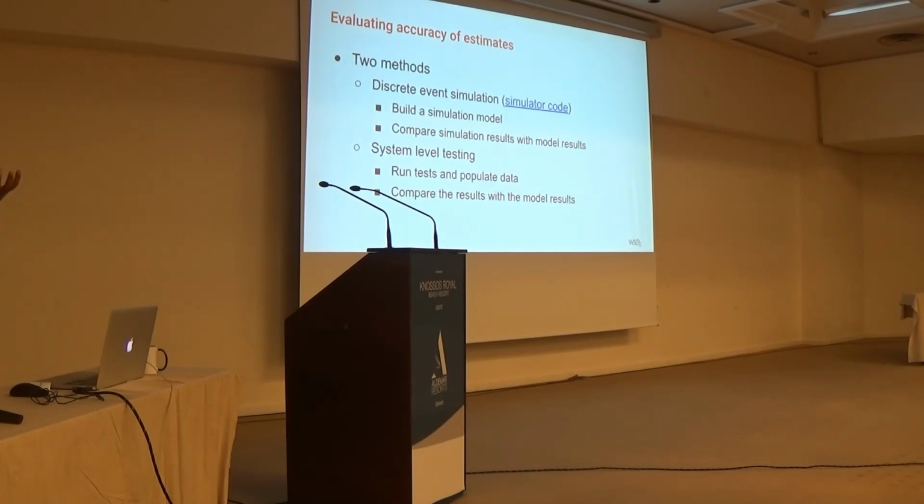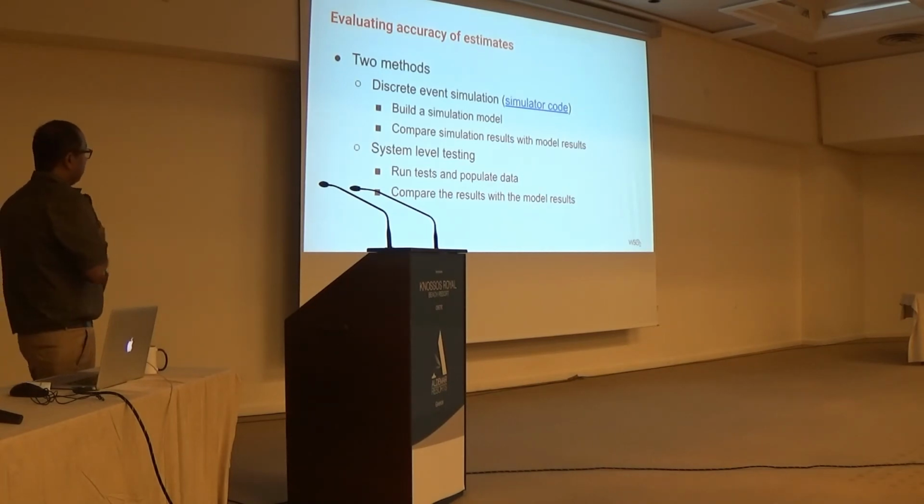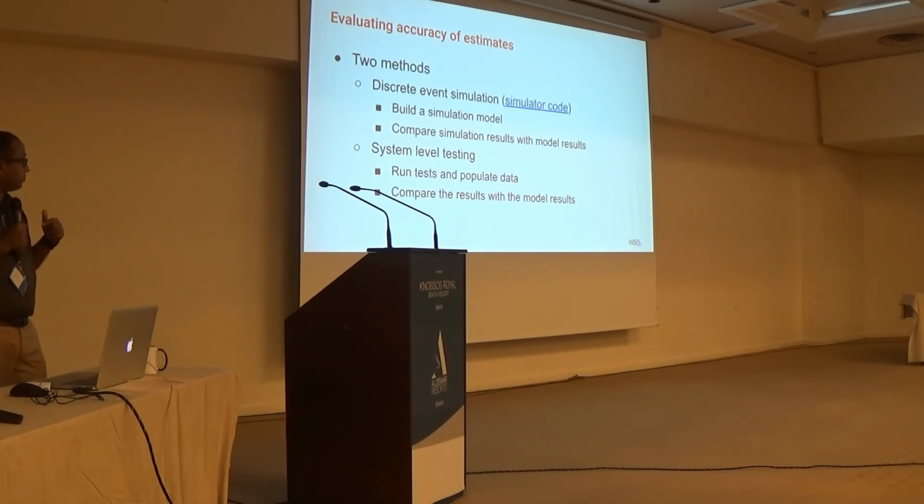Then you can build your simulation model using that server and generate the traffic. You can give different distributions, run a simulation, and get the results using the model as well, and then you can compare.